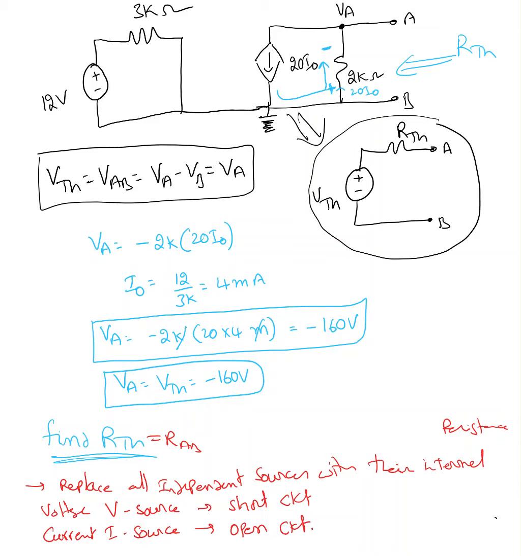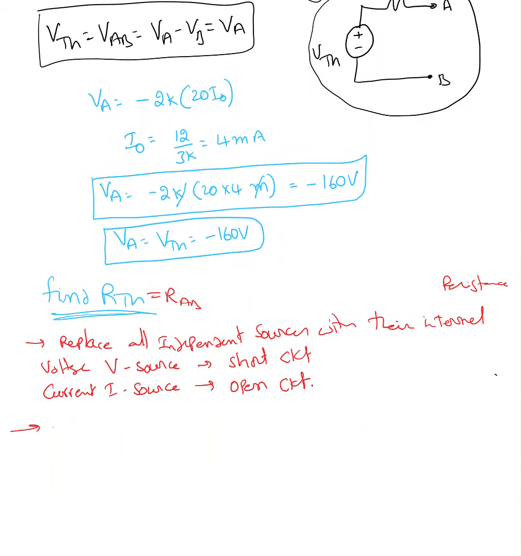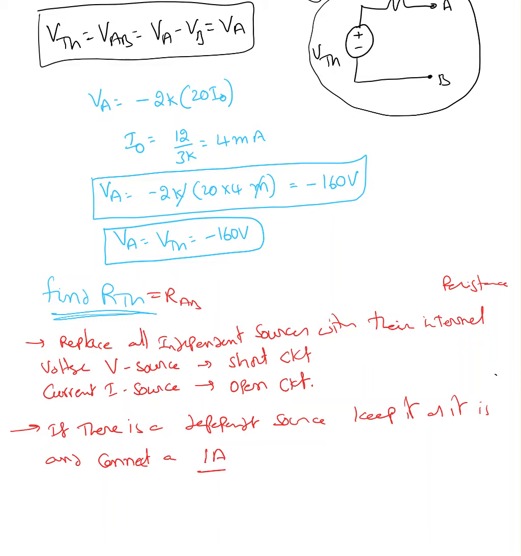Now if there is a dependent source, keep it as it is and connect a 1 ampere source between the AB terminals. You can use either 1 ampere or 10 ampere or 50 volt or 100 volt or 1 volt, it doesn't matter.